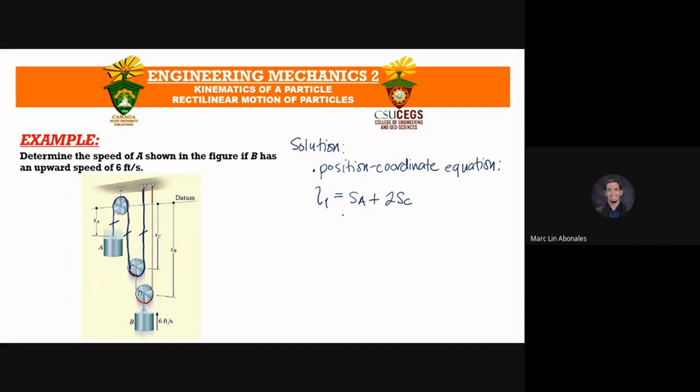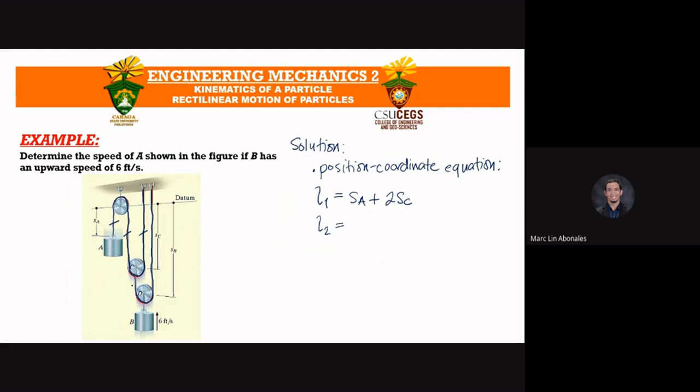The second chord length is represented by this chord length. We will represent that with L2, which is the total chord length excluding the red colored chord length.